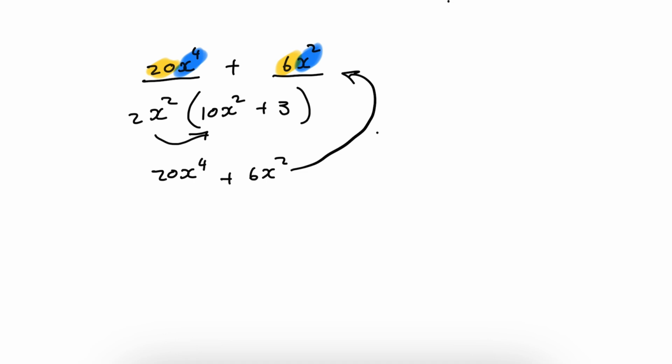So you can clearly see that once again, this is products, and going from here to there, that is factorizing, and specifically taking out a common factor. All right, let's look at another two examples.